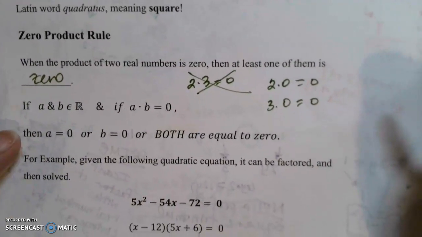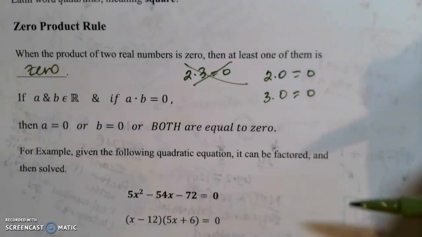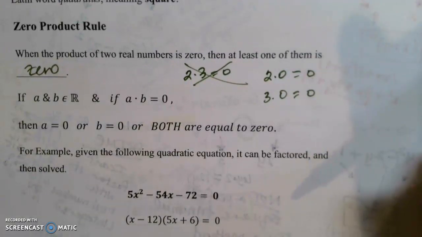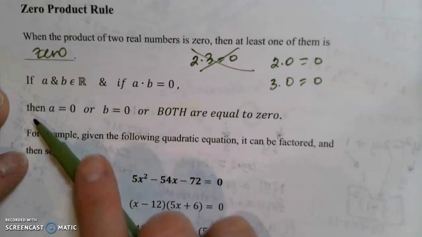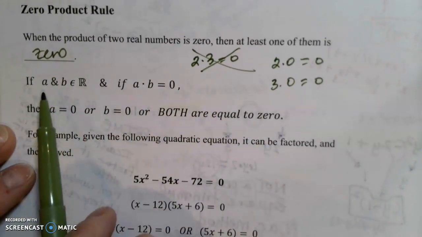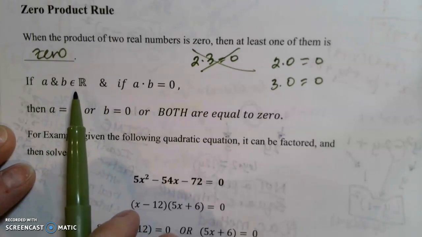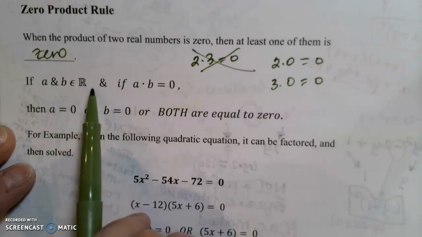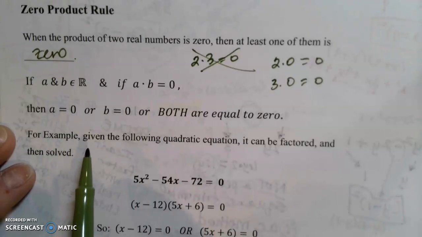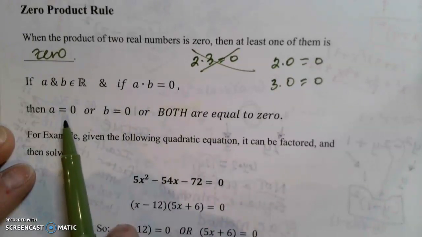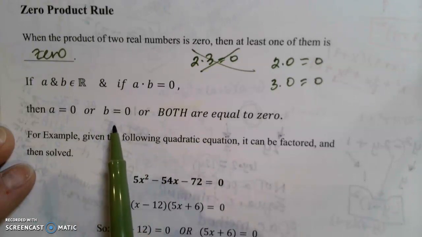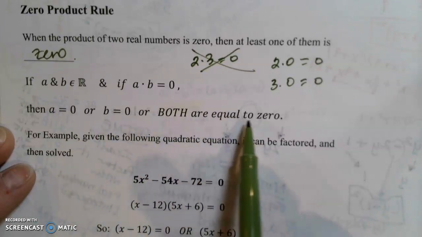And it's important to know that because that logic is how we are going to be able to solve these quadratic equations. So in symbols here, this is what's happening. A and B are elements of the real numbers. So that funny R stands for the set of real numbers. And if A times B is 0, then either A equals 0 or B equals 0, or both are equal to 0.